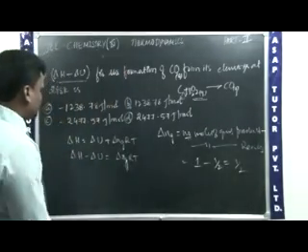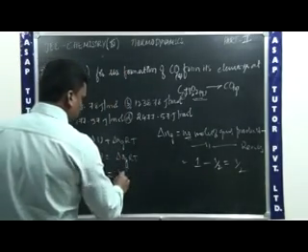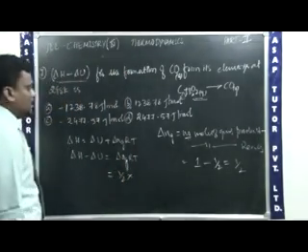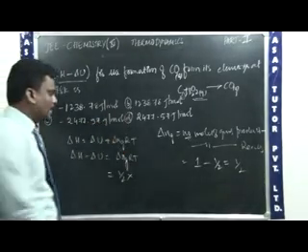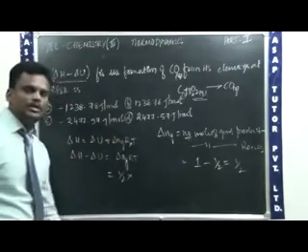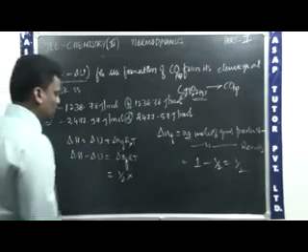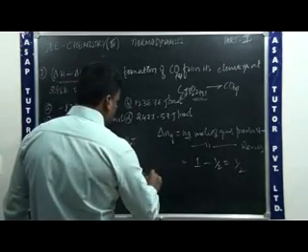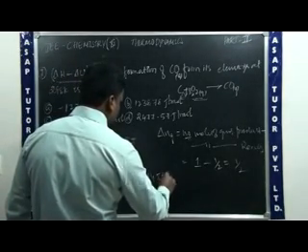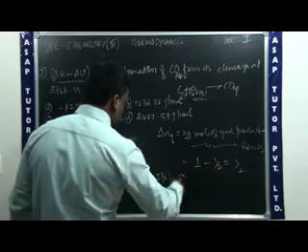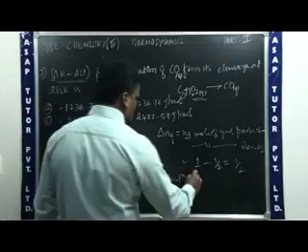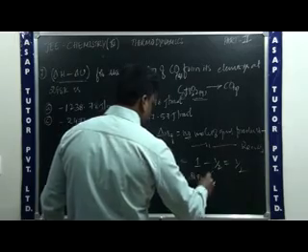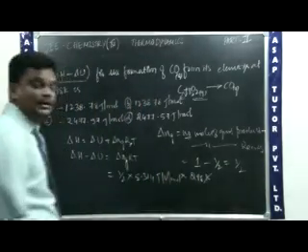Therefore delta Ng is half. See, they are expressing the answer in terms of joules per mole, so I have to write the gas constant in joules per mole only. It will be 8.314 joules per Kelvin per mole into the temperature mentioned here, 298 Kelvin. Kelvin gets cancelled.